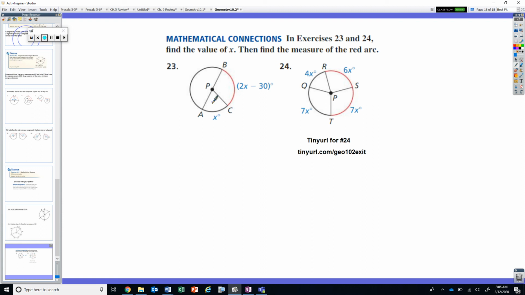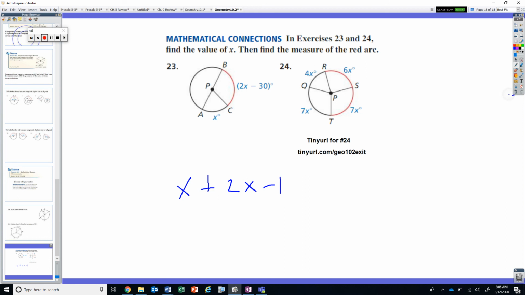Well, we know that the measure of arc AB is a semicircle. That means it's 180 degrees. That means that arc AC, x, plus arc BC, which is 2x minus 30, have to add up to our semicircle at 180 degrees.